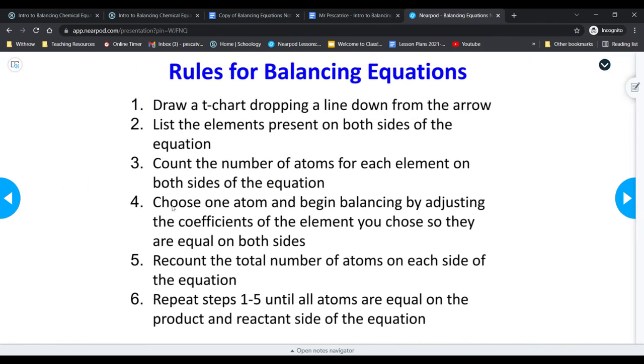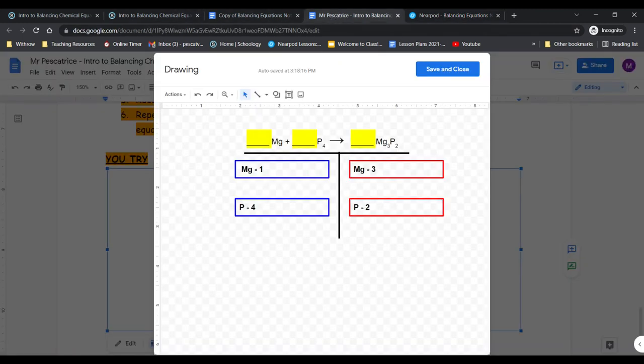All right, next it says, choose one atom to begin balancing by adjusting the coefficients of the element you chose so that they are equal on both sides. Then recount the total number of atoms on each side of the equation because they could change the whole thing. So let's start with a number.